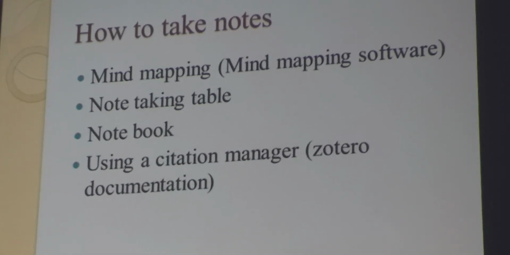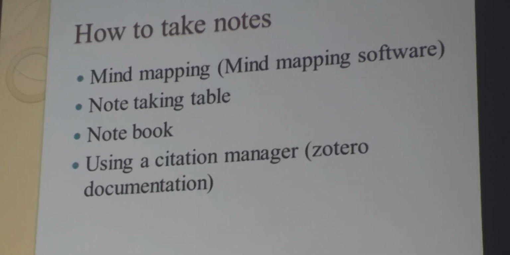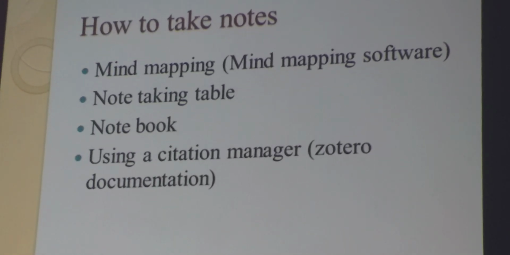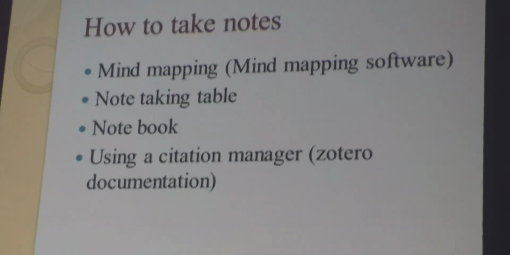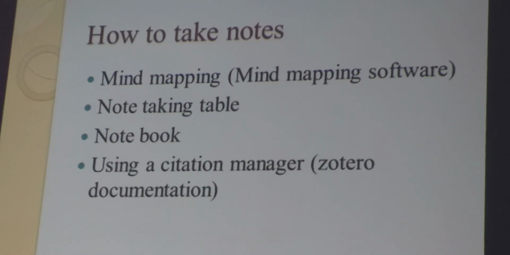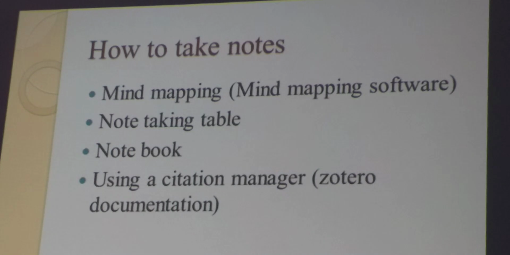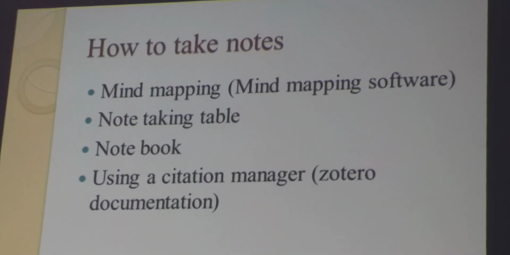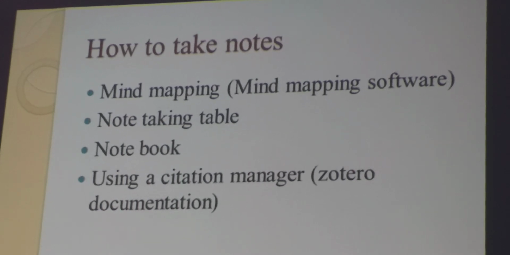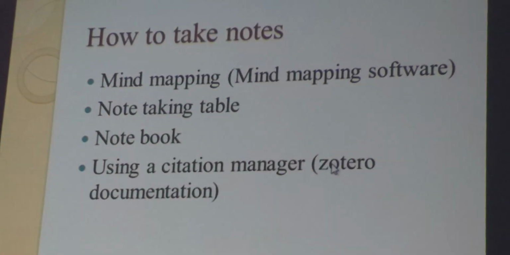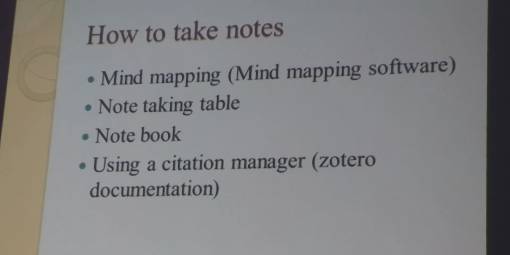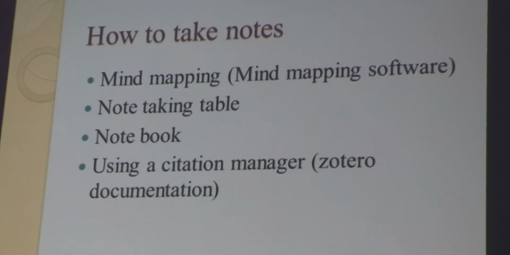Using a citation manager, for example, Zotero, it is useful to take notes, to take notes and at the same time identify the different citations, and even list references. We are going to have a session about how to use this manager or this software, and it is for free.